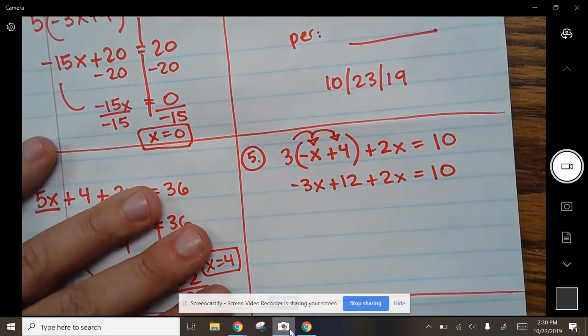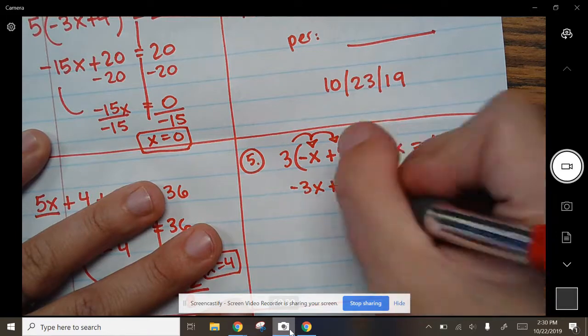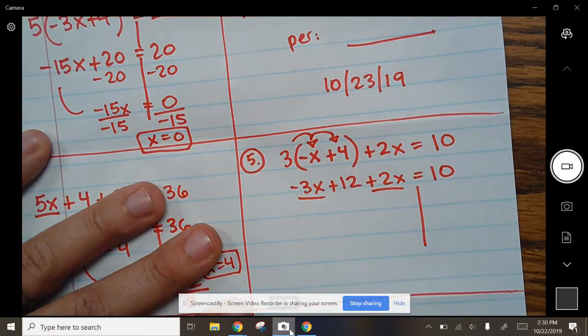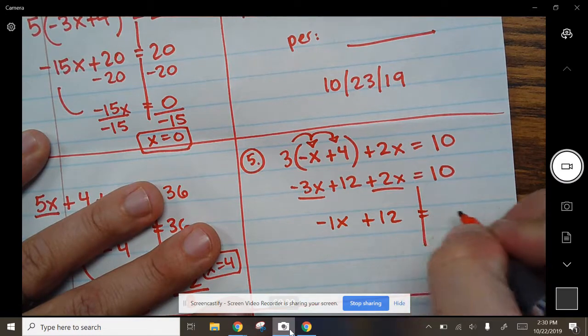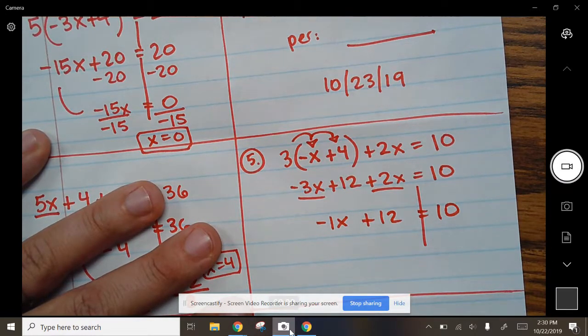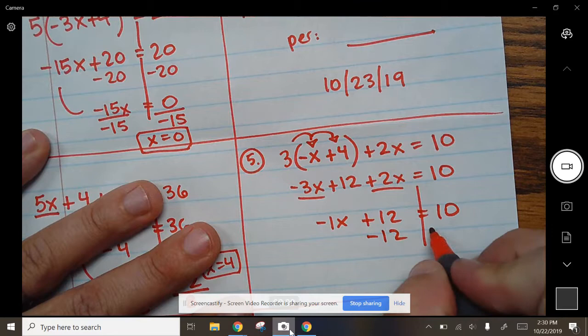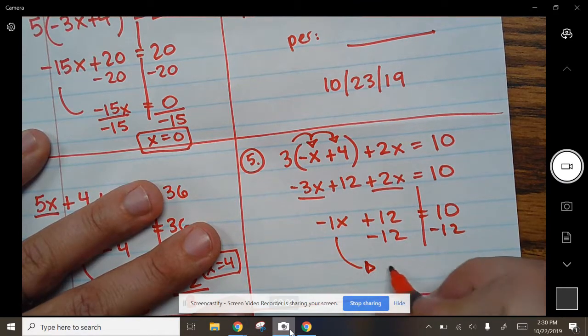All right, once you've done that, like terms, do you see your like terms? -1x plus 12 equals 10. Then what? Subtract 12 to both sides.